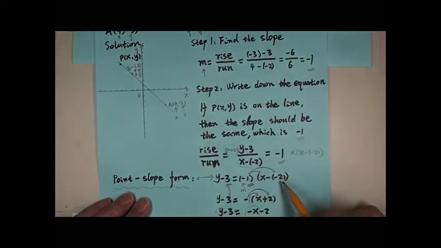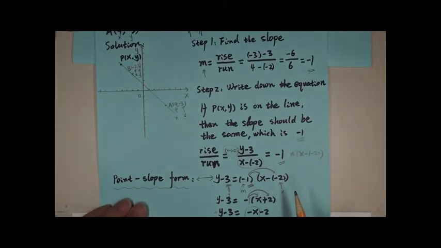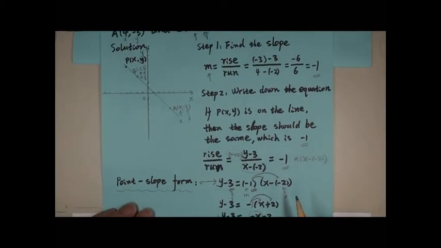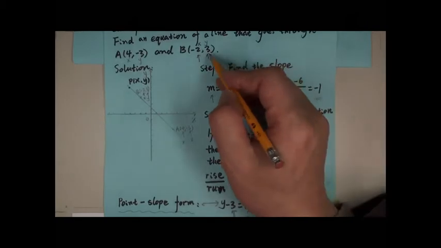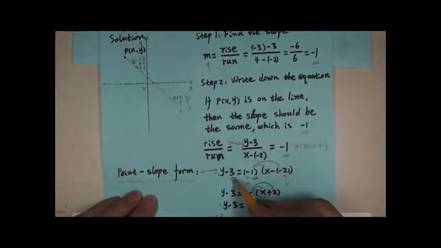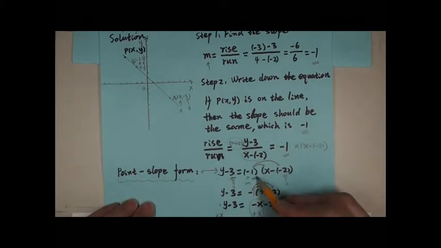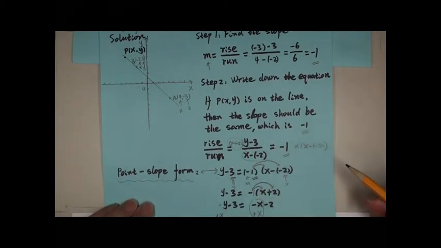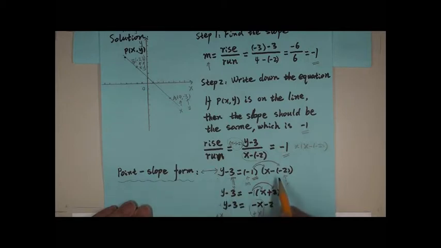Here is negative, put negative here, don't get confused. And then here y minus 3. Okay, y minus 3 on the left. This is the slope. This one is called point slope form.